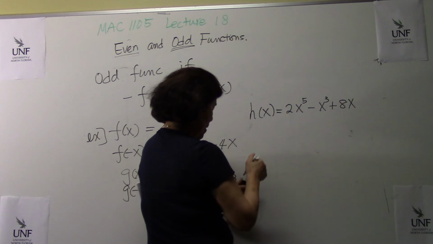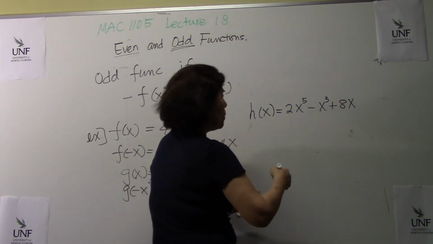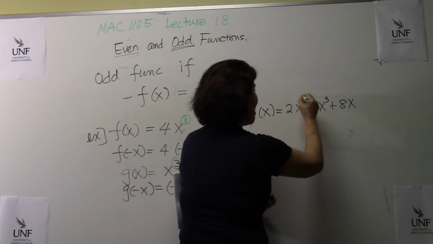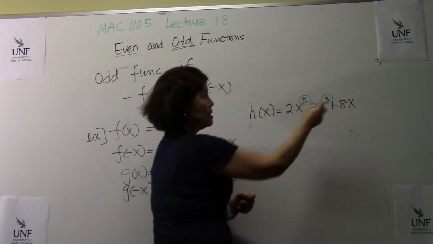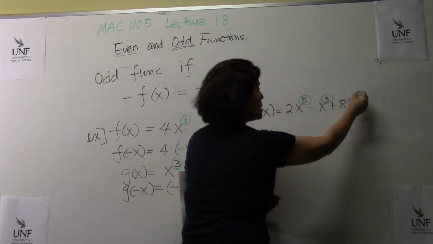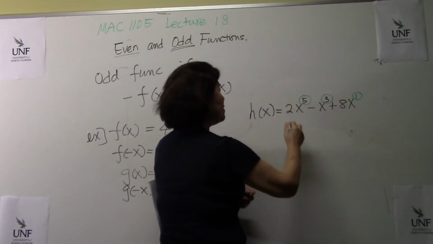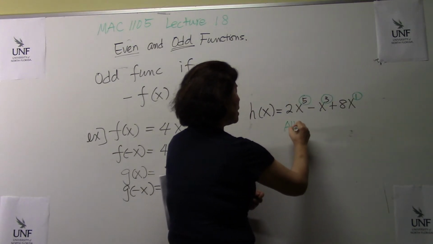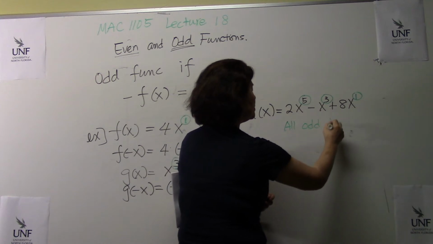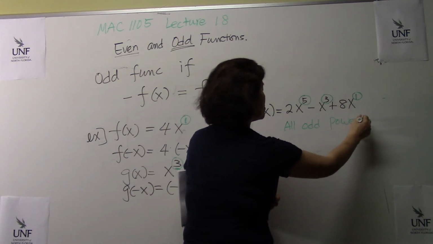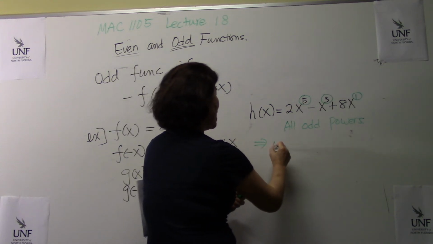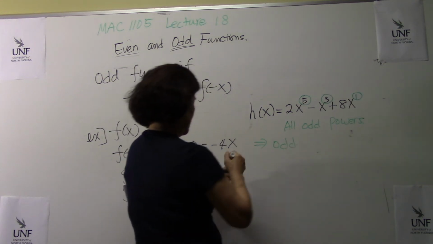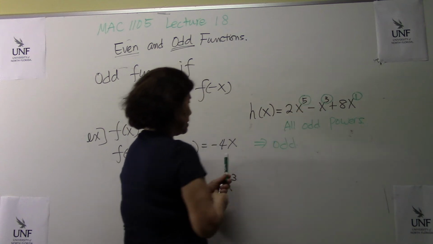If you write it this way, yes, all the powers of x are 5 and 3, and what about over here? Yes, this is power 1, so 1 and 3 and 5, they are all odd powers. In that case, we can call this function odd. Okay? There is no mix.